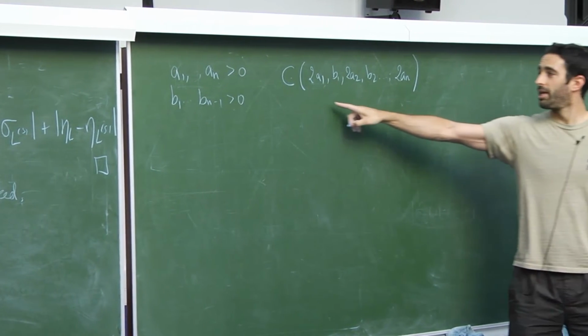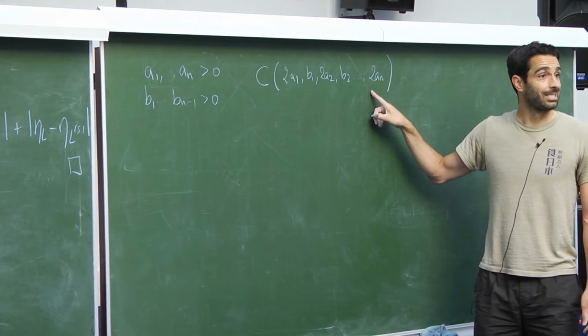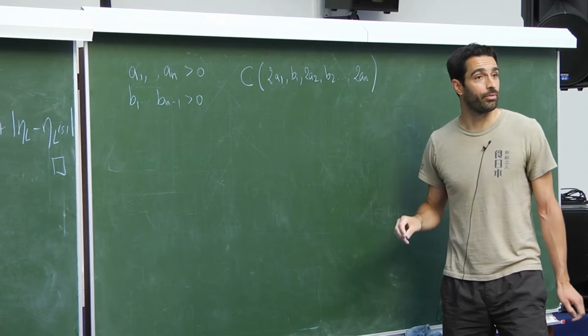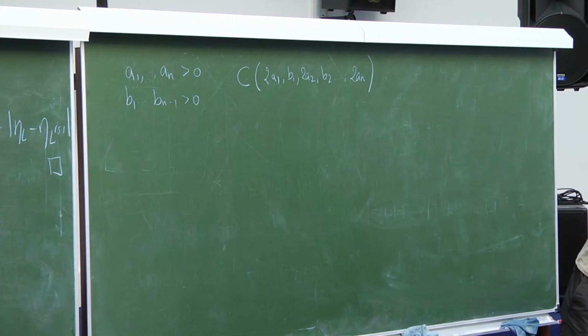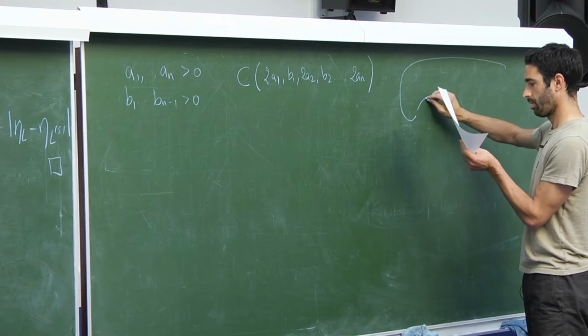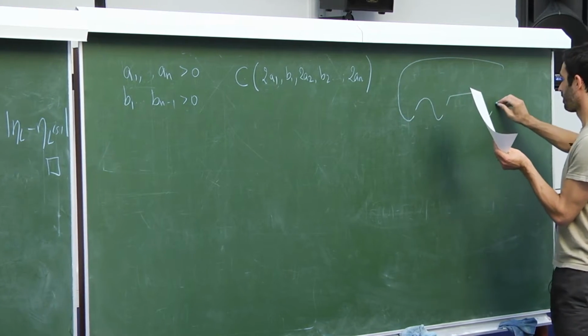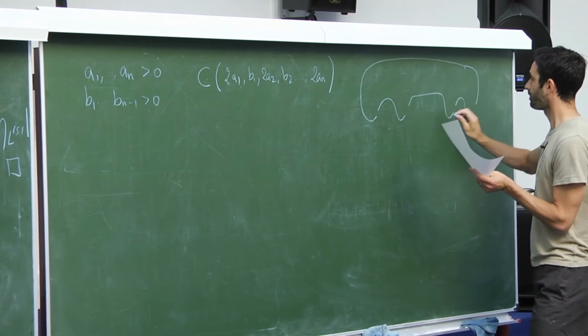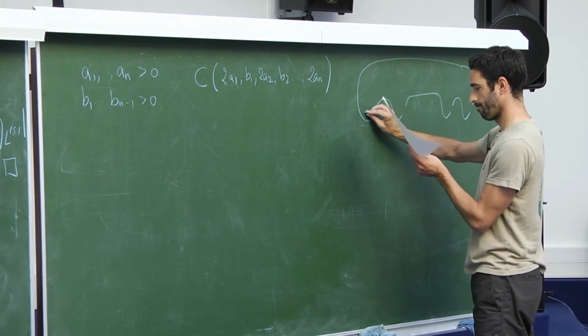So the 2-bridge link with Conway normal form like this. So it's a generalization of the one we had before, right? So I'm just going to draw again the one we had before. Okay.